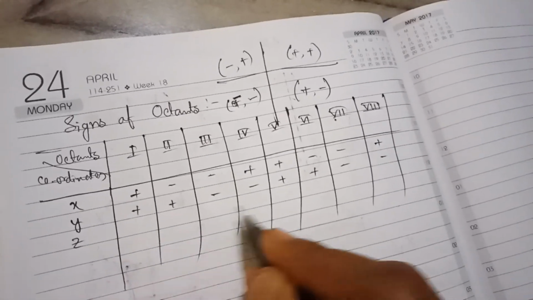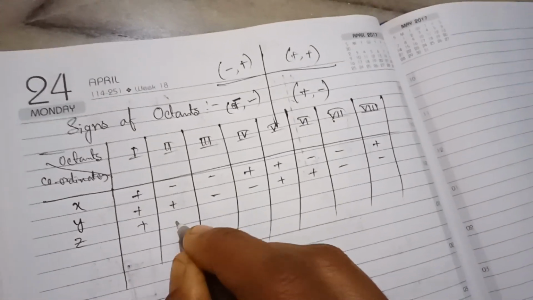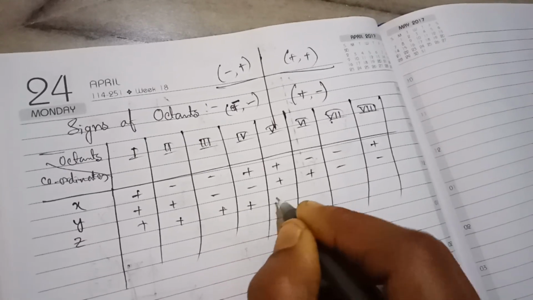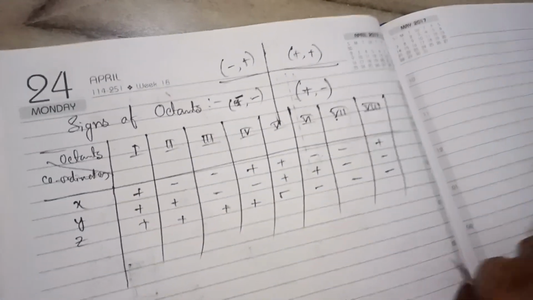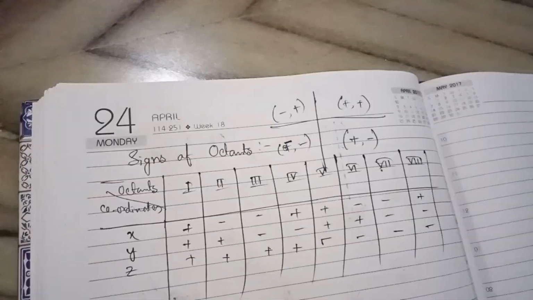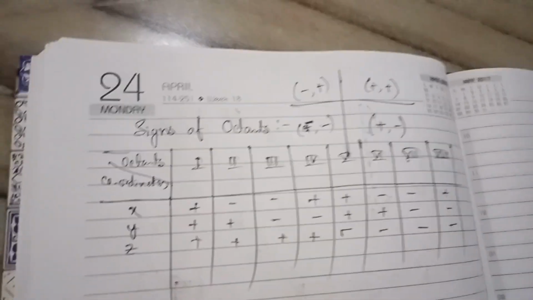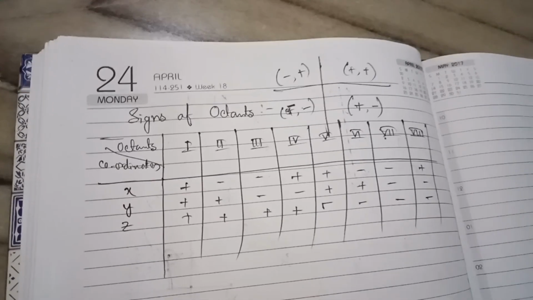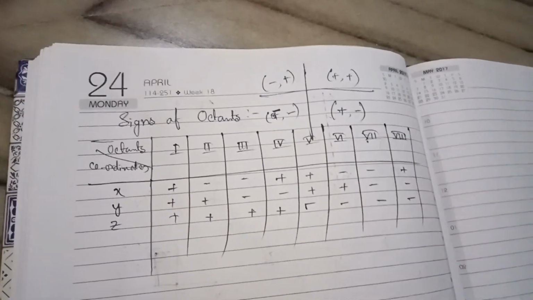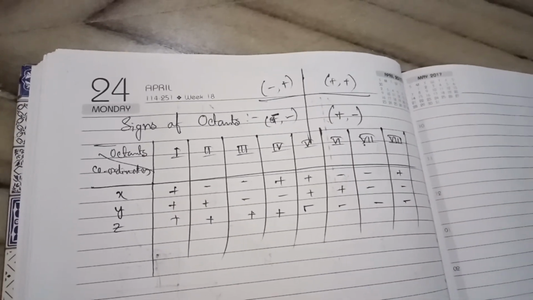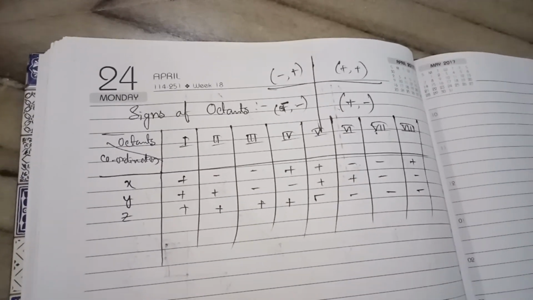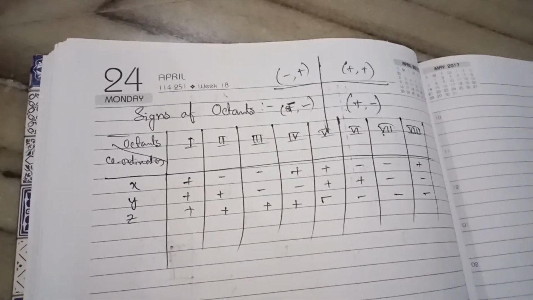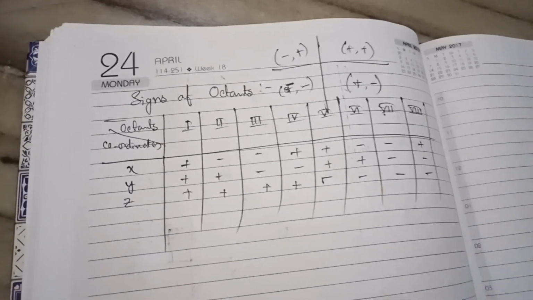Then for the first 4, you place Z plus, and for the last 4 you place Z minus, and done. Don't you think it's very simple? Yes, it's very simple. You just have to remember its names and its basic figure, nothing else.